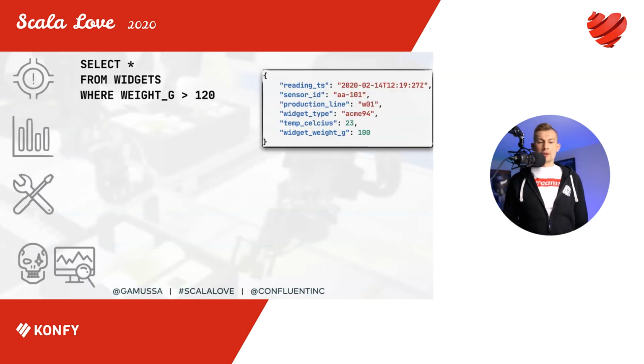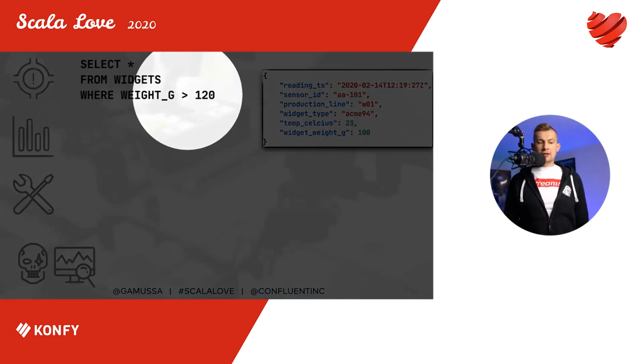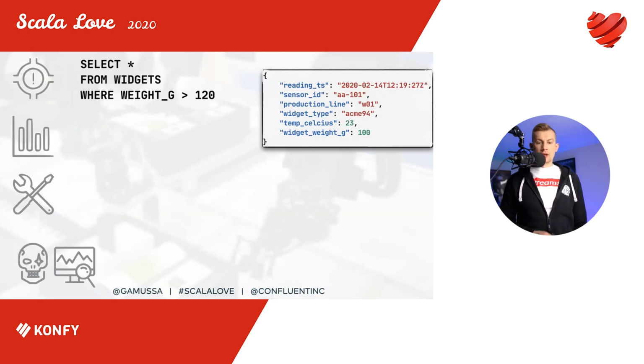Say you want to get another stream of widgets where the weight of a particular widget is more than a certain number. We can filter this and produce another stream, and based on that we can generate another application that would be alerted or something. In this particular case, we just print this out on the console. We're not creating a new stream.